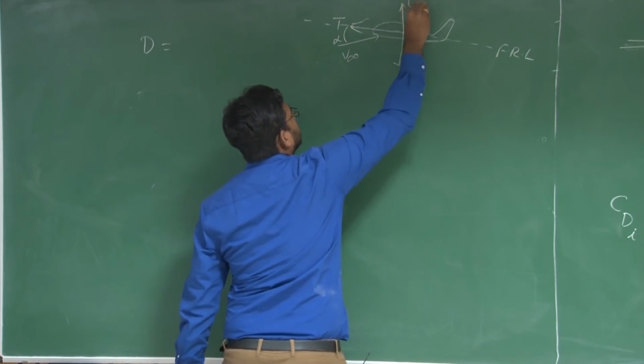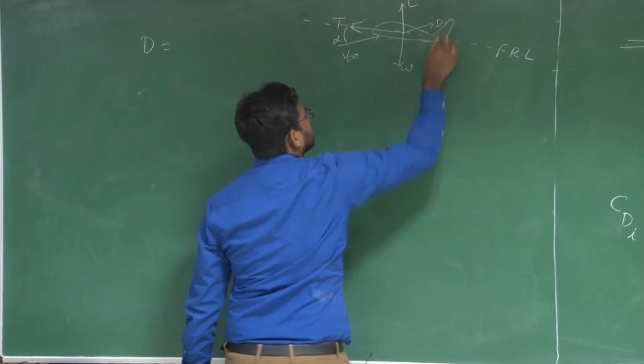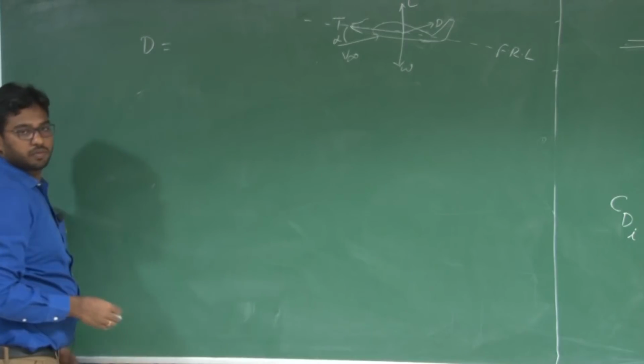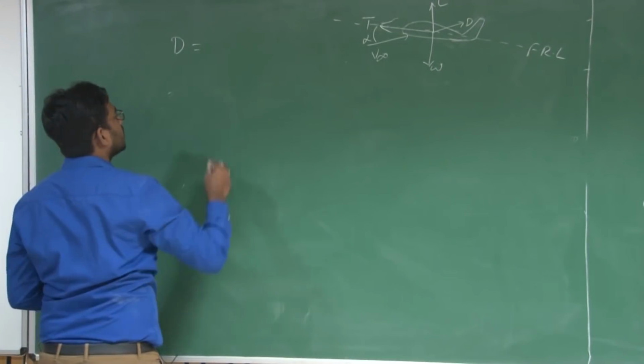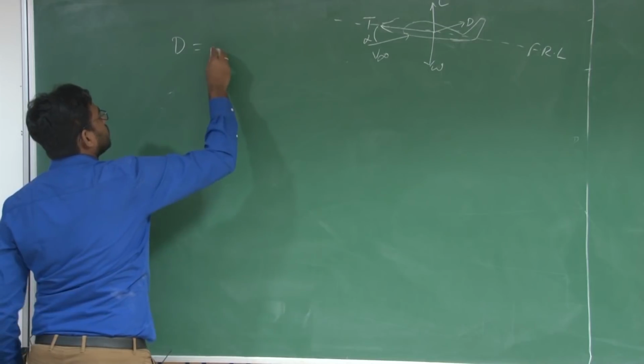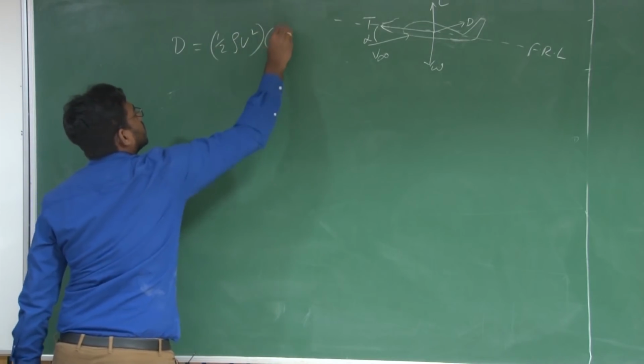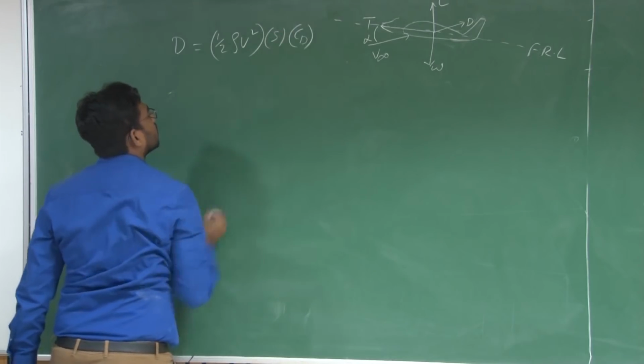What you have is lift and drag as aerodynamic forces. Now this drag is a component of the resultant aerodynamic force acting along this V infinity, right, or parallel to the free stream, which is defined as half rho V square S into CD, right?